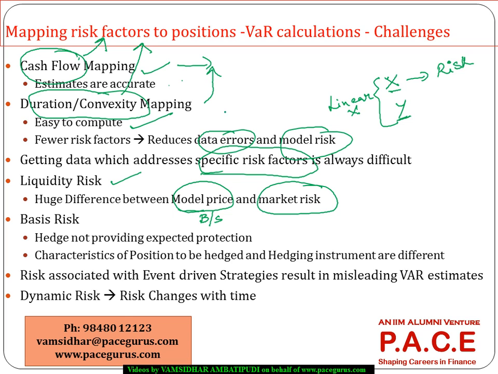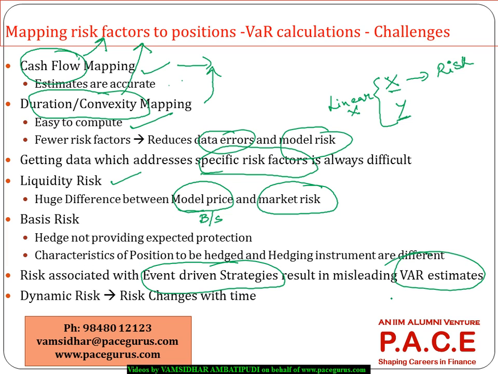And sometimes event driven strategies also impact the positions quite badly. So whatever the VAR that we are getting, just because of, let's say, an M&A event occurring, or some other specific event occurring, my VAR estimates can get very much distorted.